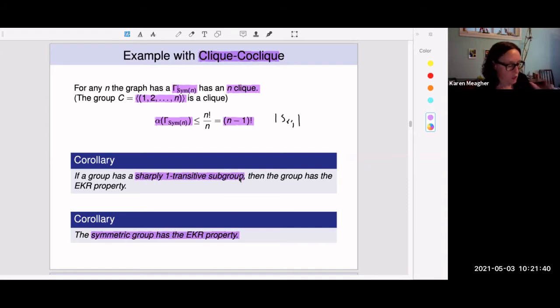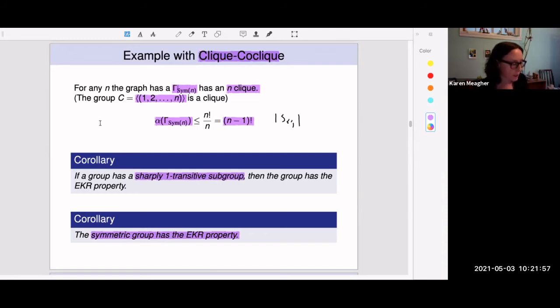So every time you have a sharply one-transitive subgroup, the group has the EKR property. So anytime you get a group and you're wondering, could this be EKR? Just look for sharply transitive subgroups as the first easy thing to check.